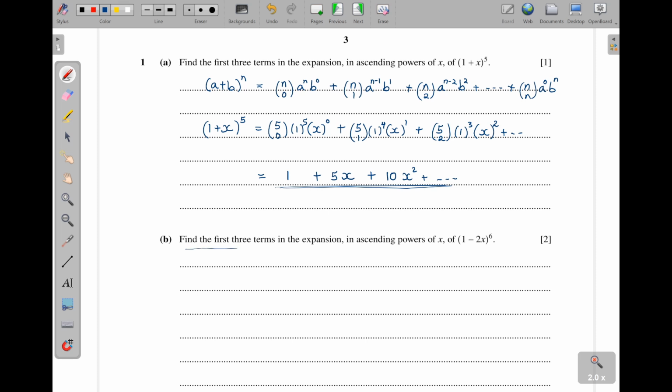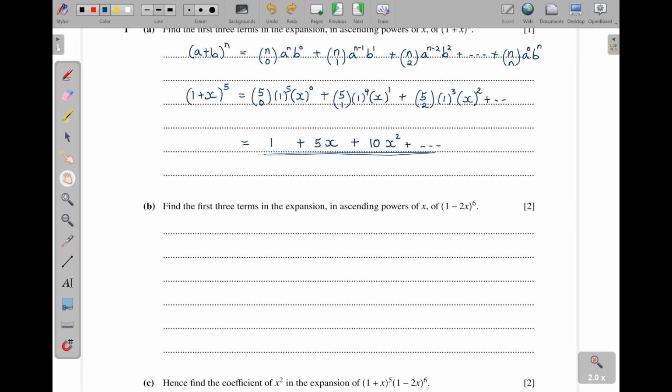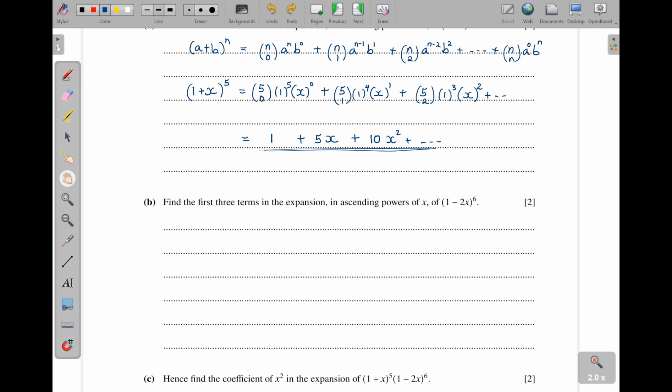And then part B, find the first three terms in the expansion in ascending powers of x of this one here. So we are going to do the same thing. Let me just expand it the way it is supposed to be. We have (1 minus 2x) to the power of 6. This one will be 6 combination 0, then we have a 1 here.